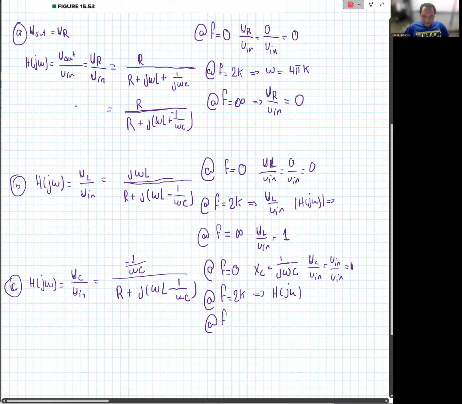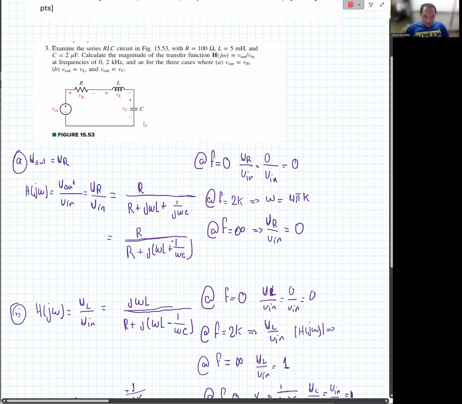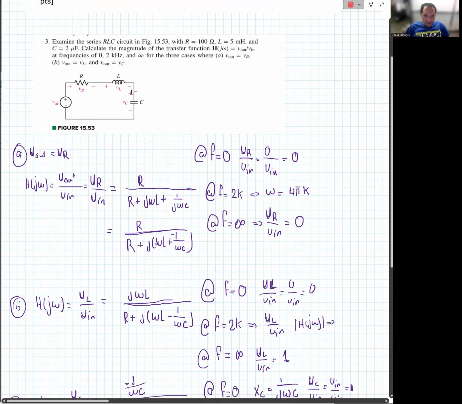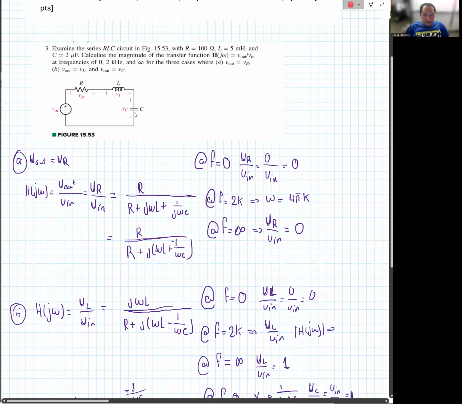And at f equals 2k hertz, we will solve for H of j omega. And at f equals infinity, the opposite will happen. The impedance of my inductor will be very high, while the impedance of my capacitor will be a short circuit. The voltage difference across a short circuit is 0.